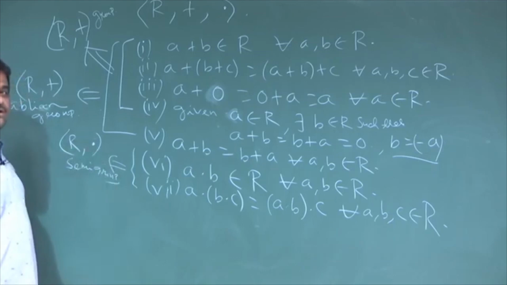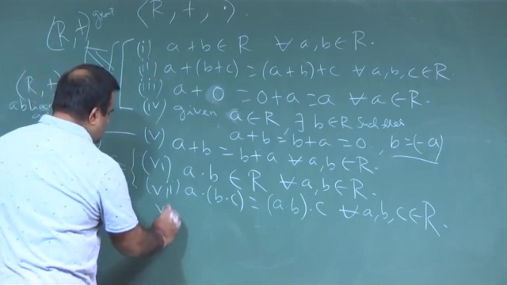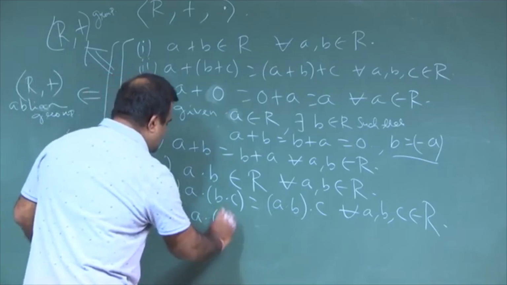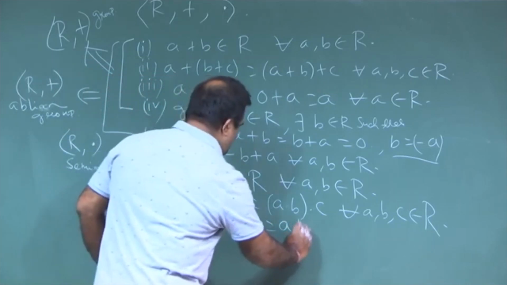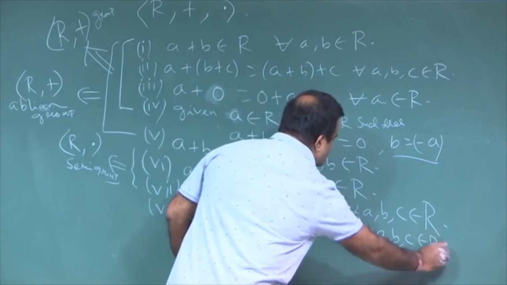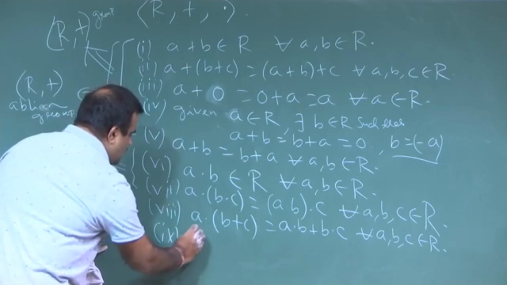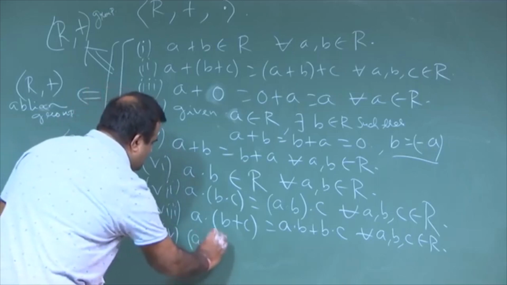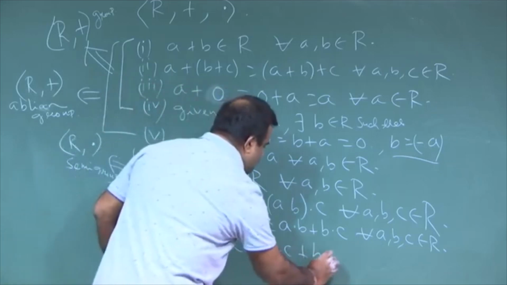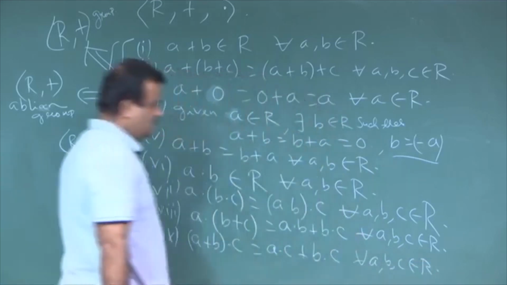So R along with this second operator, second composition, is a semigroup, and then we have the distributive law. So, this is 8. Left distributive law is basically A dot (B plus C) is equal to A dot B plus A dot C, and this must be true for all A, B, C. This is the left distributive law, and the right distributive law is basically (A plus B) dot C is the same as A dot C plus B dot C. This is true for all A, B, C. Okay.